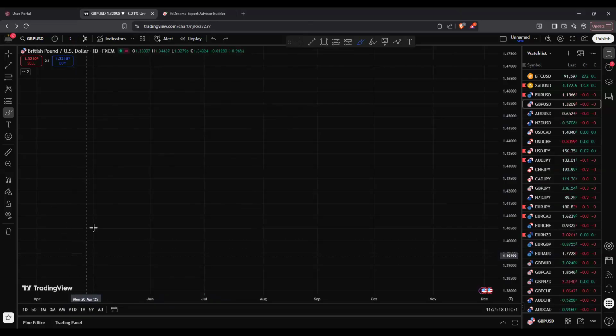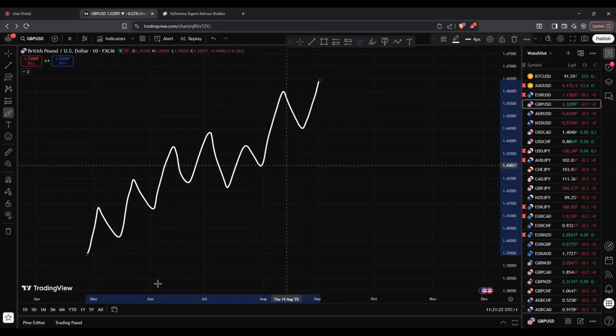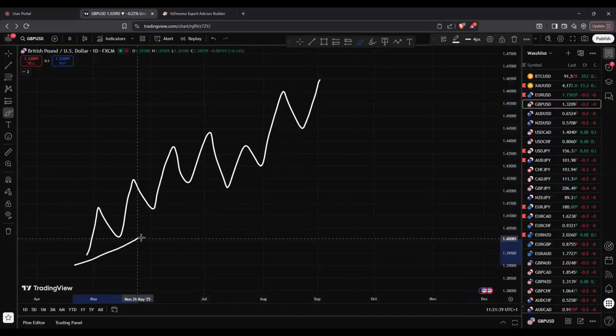So now let's say we want to build a bot that uses the moving average crossover. We know that if price is bullish, right? If the market is resultantly bullish, something like this, well, if you add one moving average to the chart that is currently bullish, it will stay kind of under price, right?